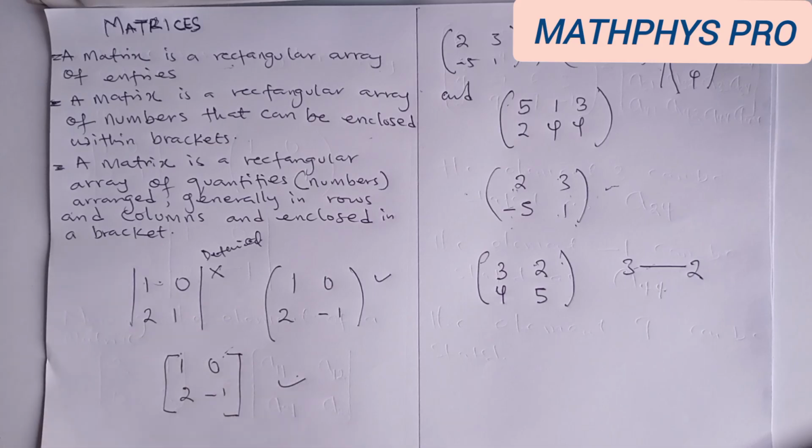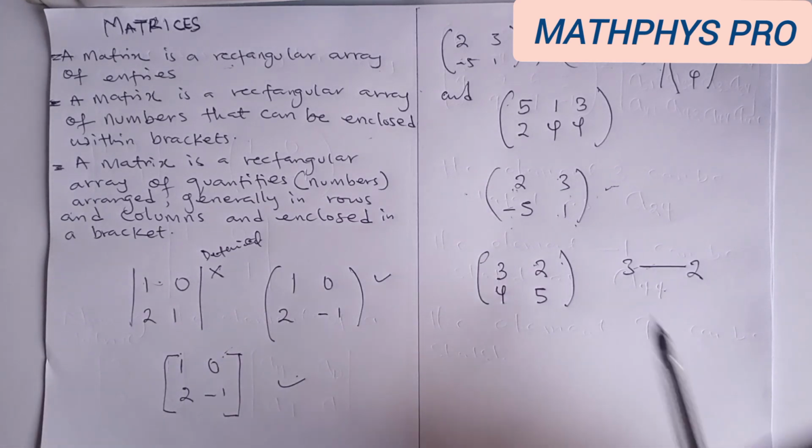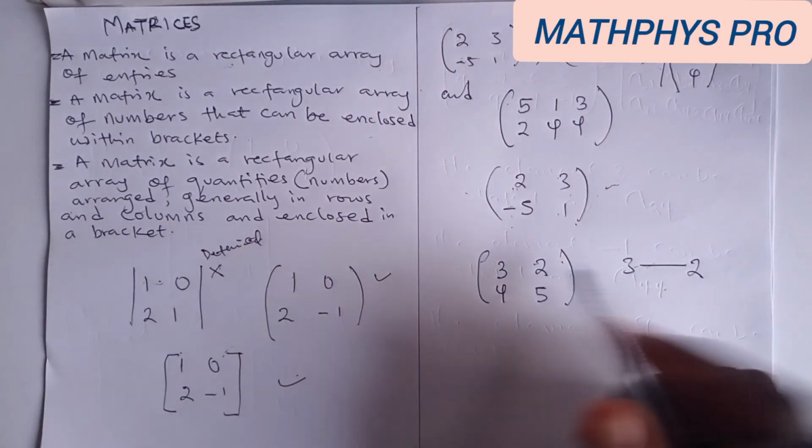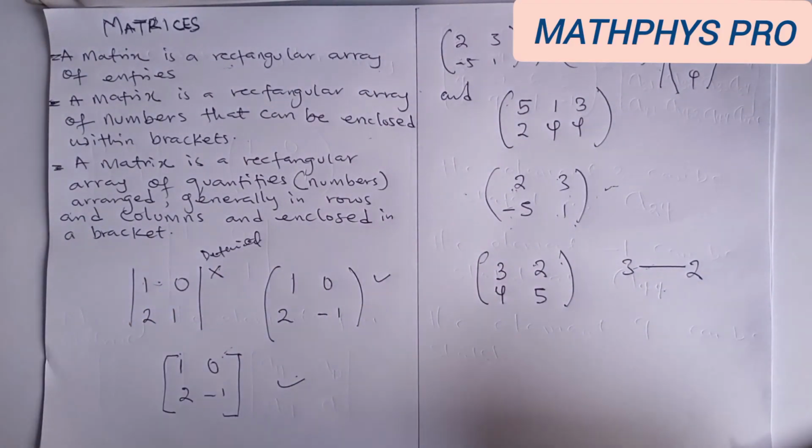Now, how do you know which one to call the row and which the column in a matrix? The rows are always horizontal, while the vertical ones are called the columns.